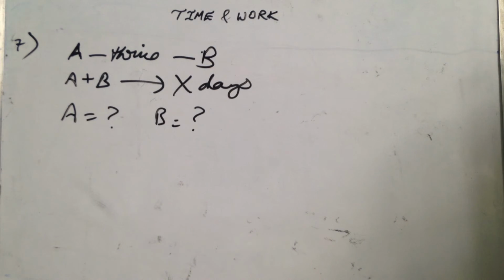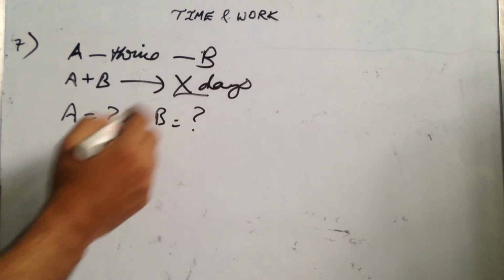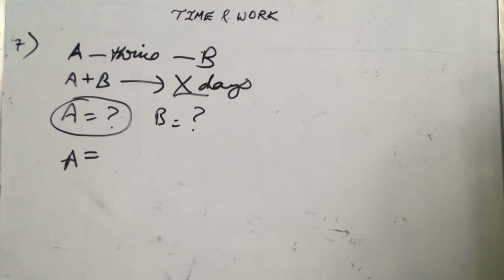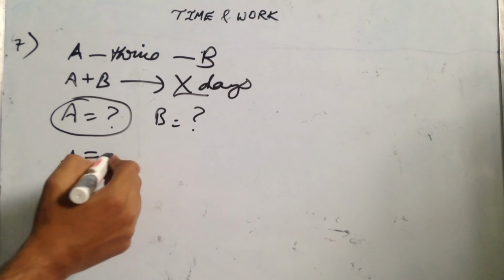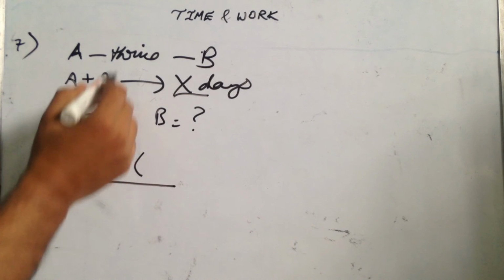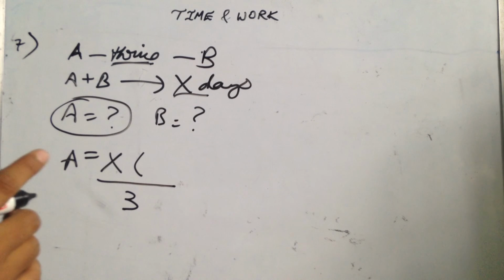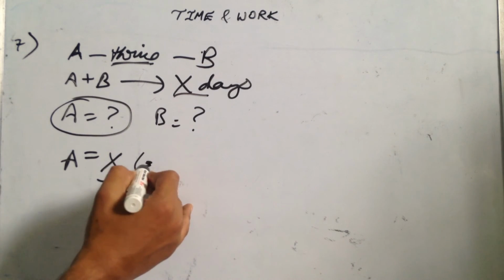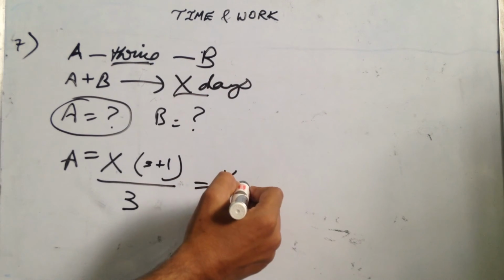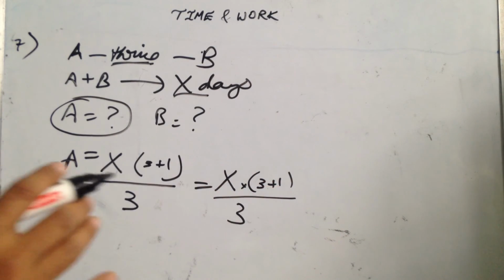So in this type of question, just remember, you want to calculate how many days A will take if he works alone. So X is given, and thrice means 3 plus 1. So number of days into (3 plus 1) by 3. So this will be the answer.